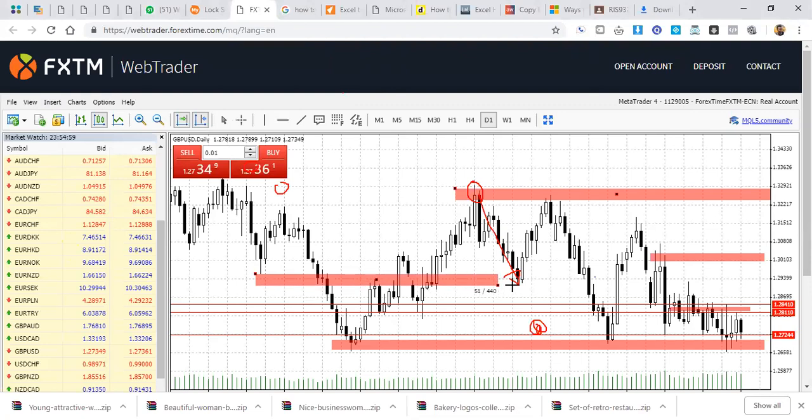I can draw it right here. You see, it reached this level and shifted going down. It broke and went above, and right here it reached a certain zone and shifted going back, and again the bears took over.